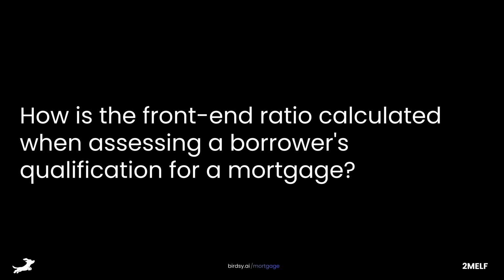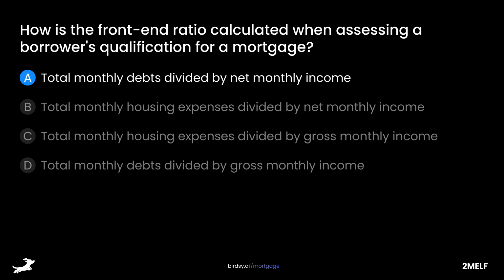How is the front-end ratio calculated when assessing a borrower's qualification for a mortgage? Is it A. Total monthly debts divided by net monthly income, B. Total monthly housing expenses divided by net monthly income, C. Total monthly housing expenses divided by gross monthly income, or D. Total monthly debts divided by gross monthly income?